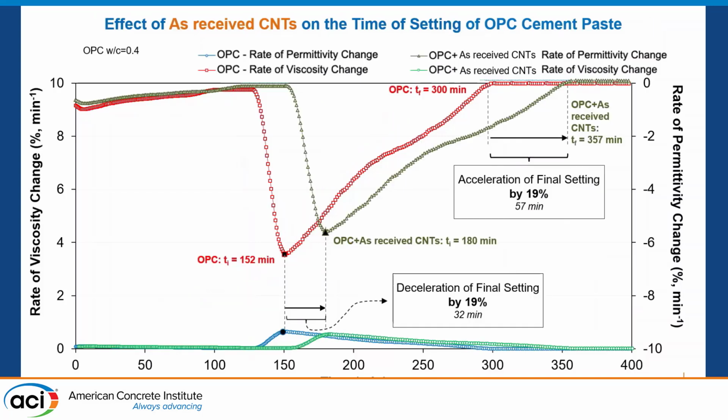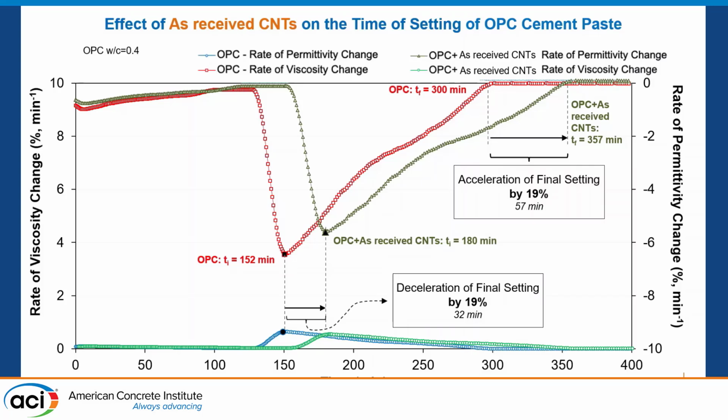But what happens if we use agglomerated bundles? We see that the ordinary Portland cement which has received carbon nanotubes has an initial time of setting that is delayed, 180 minutes. The same for the final setting time here. So there is a deceleration of both the initial and final setting time.